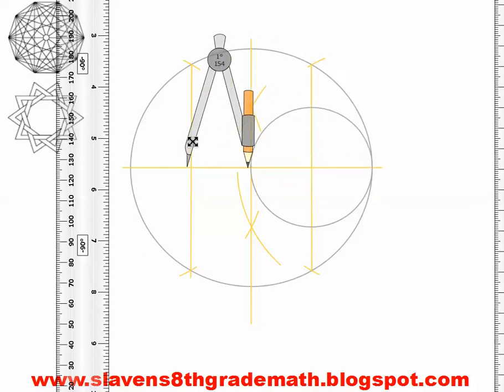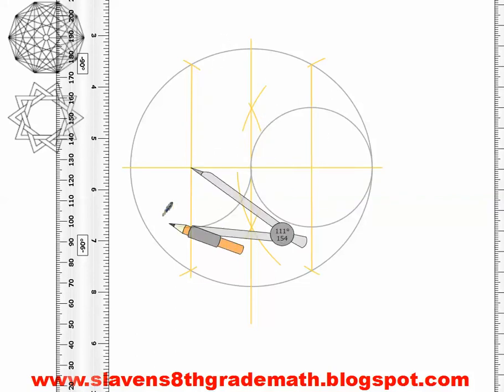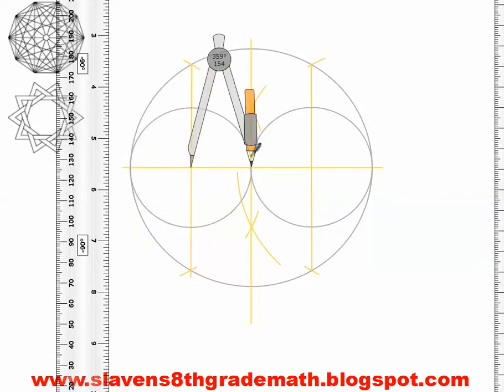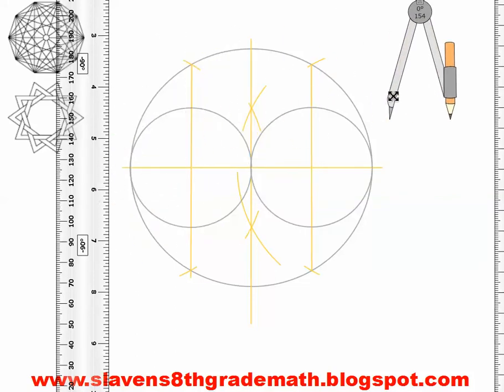Then I do the exact same thing on the other intersection of the chord and my diameter. And so my circles meet, they're tangent to each other right at the center point, and they are also tangent with the large circle.